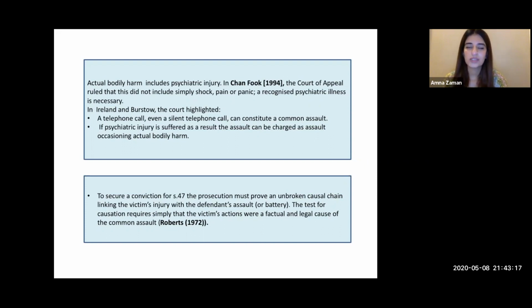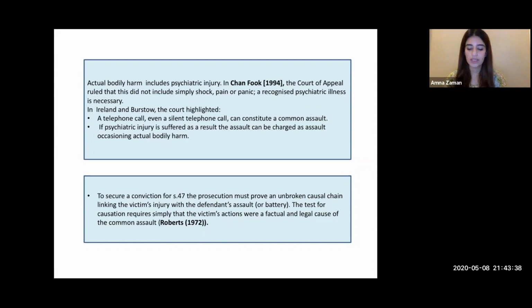Causation, as we've already studied, involves factual causation and legal causation. So the prosecution would now have to prove that both factual and legal causation exist. It is only then that they would be able to get the defendant convicted under Section 47.